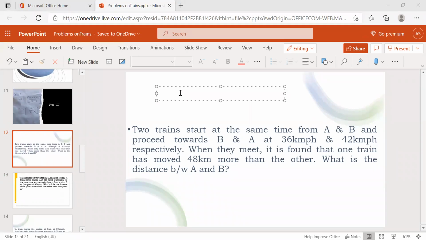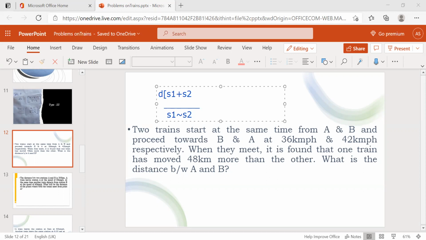See, distance equals d into s1 plus s2, and divide by the difference of s1 and s2.